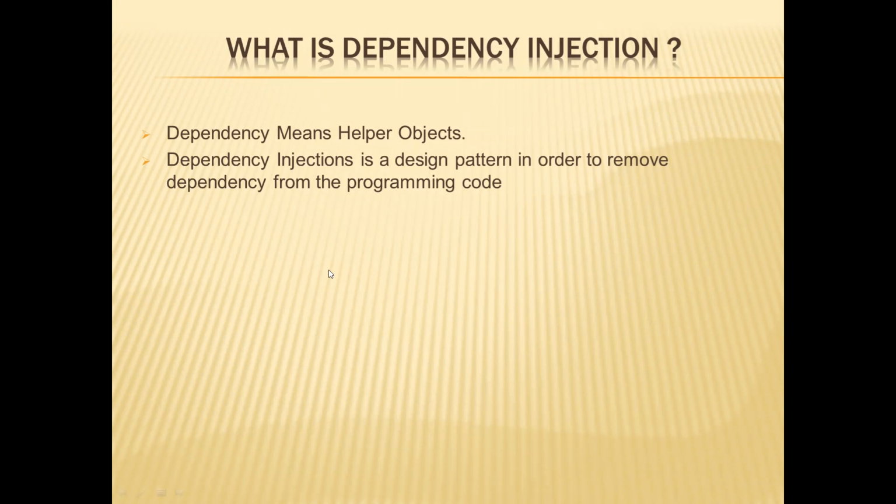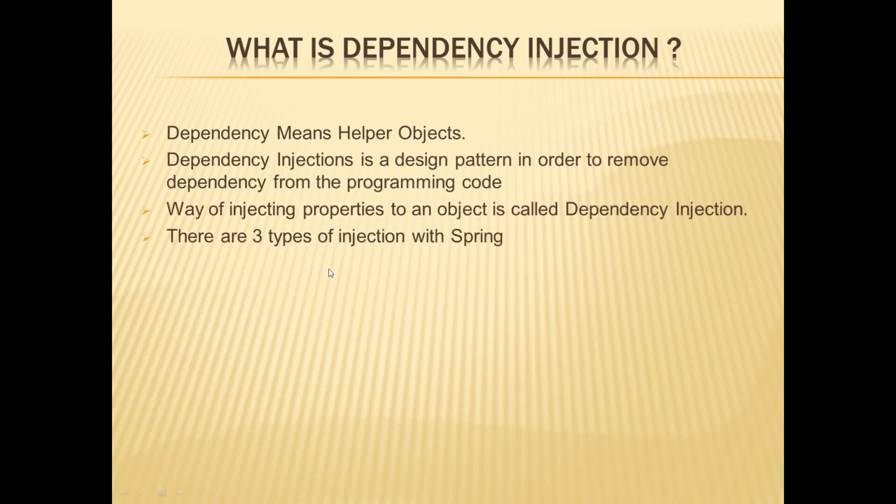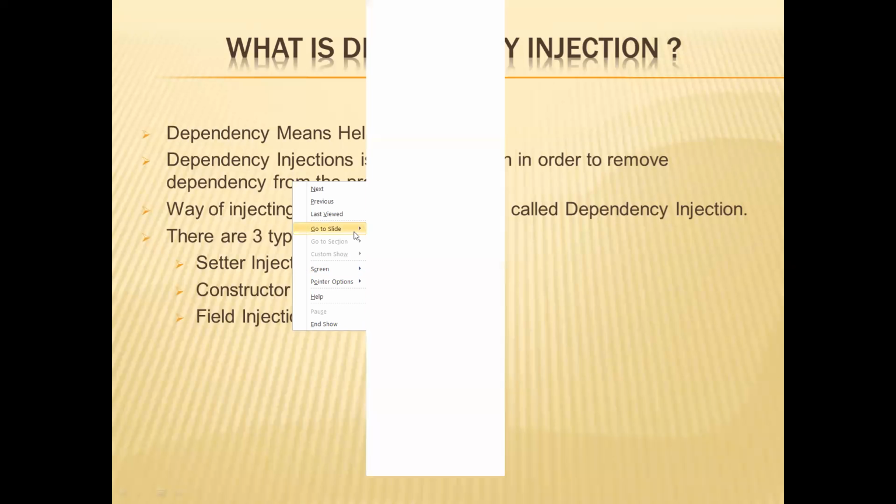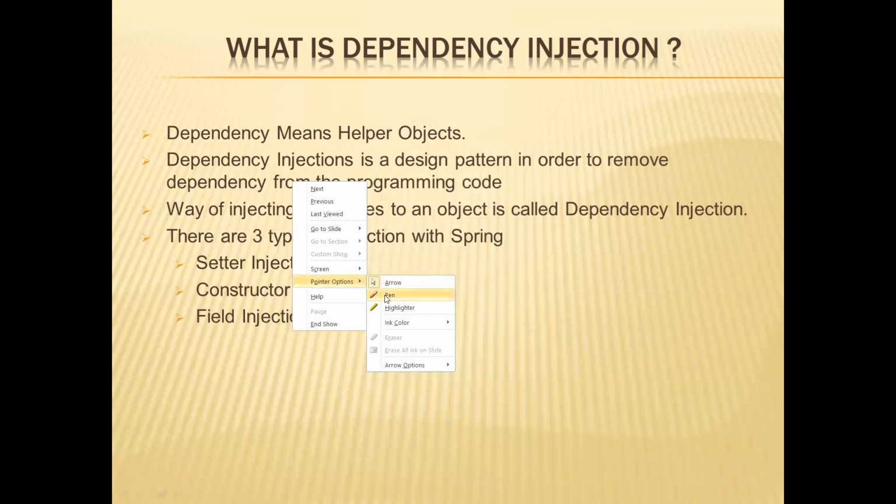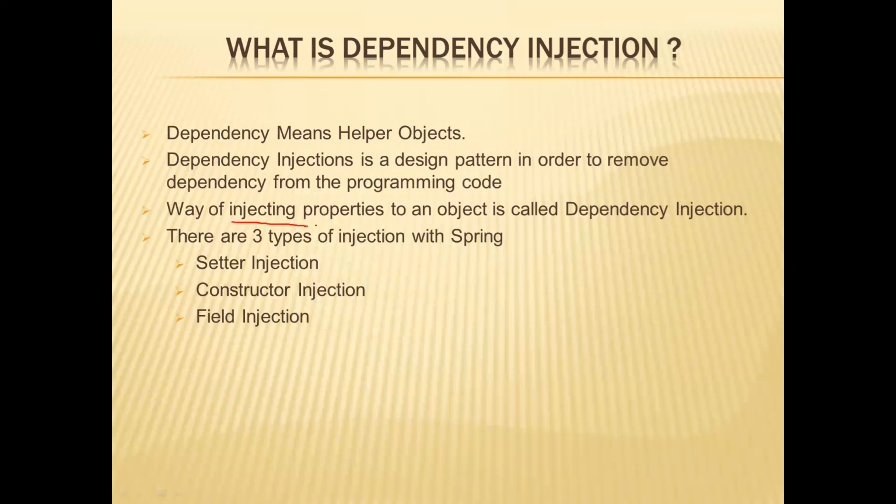To do this, the container has three types of injections: setter injection, constructor injection, and field injection. Are you able to see the point here? Let me make some arrow marks. The way of injecting properties into an object is called DI, dependency injection.